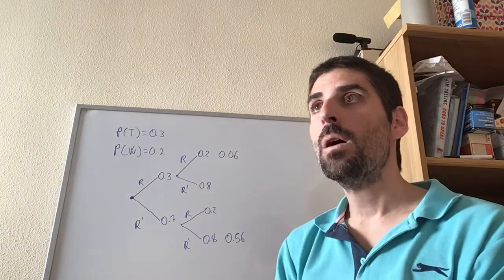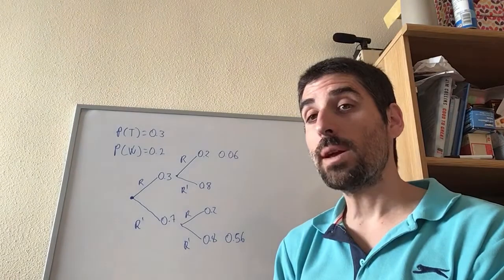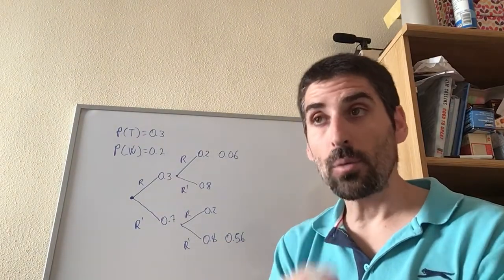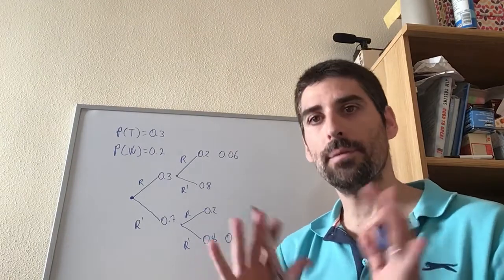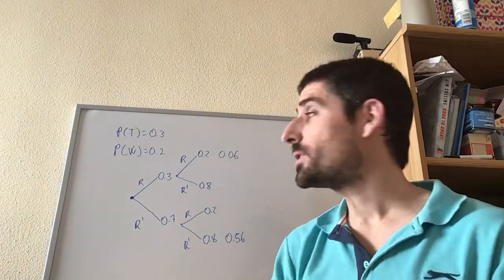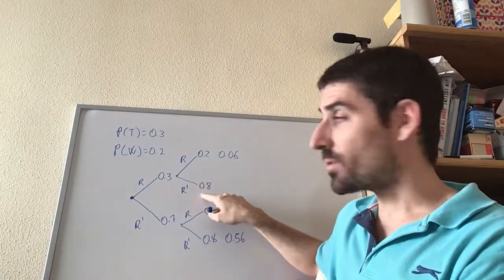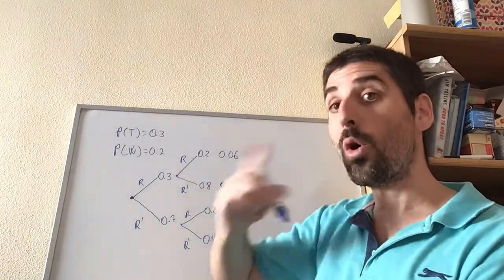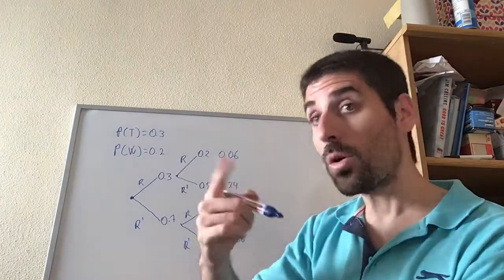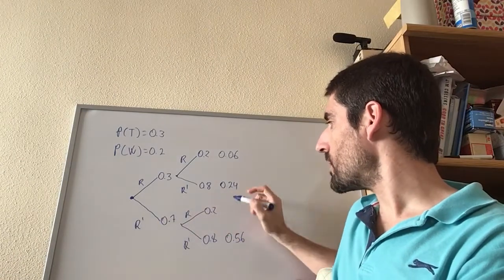Now, they could ask you something like, what's the probability that it rains on exactly only one day? Well, if it's only one day, there are different possible combinations, because it could rain on Tuesday and not rain on Wednesday, or, watch out, it could not rain on Tuesday, but it could rain on Wednesday.